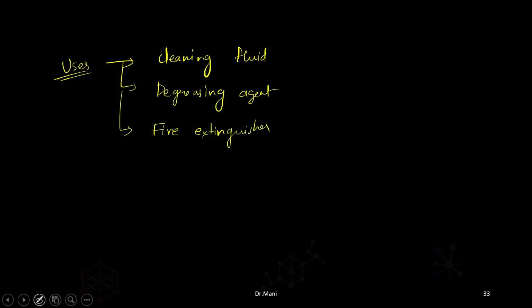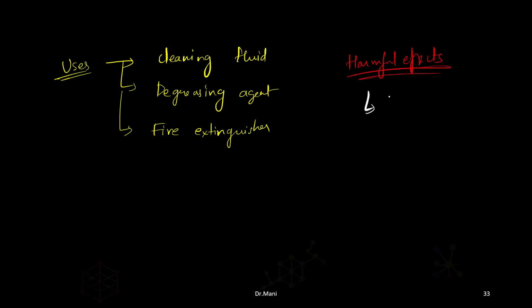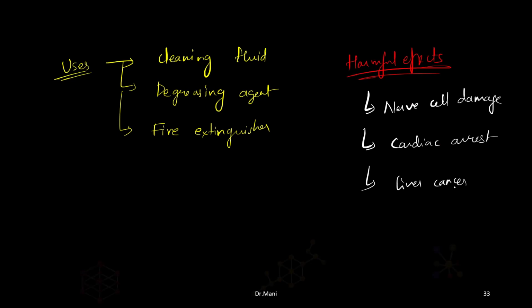Then what are the harmful effects? This will damage the nerves, so nerve cell damage. It can cause cardiac arrest. If someone breathes this, their heart stops. It can also cause liver cancer if they are exposed to small traces of this.